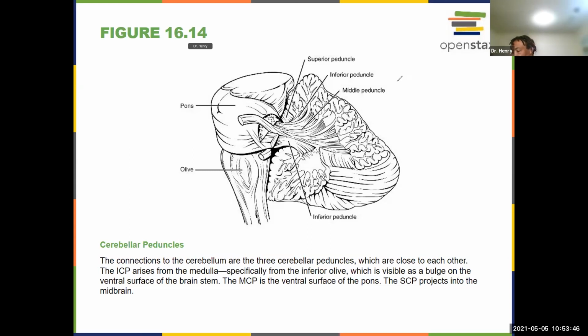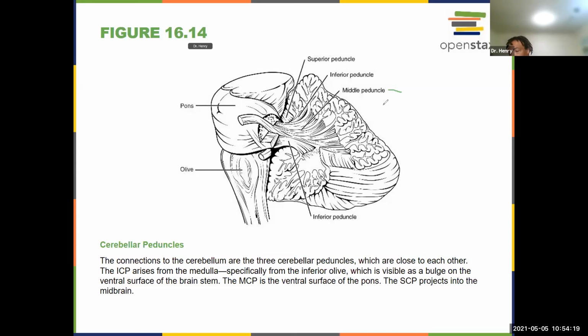The middle cerebellar peduncle is going to be part of the cortico-pontine-cerebellar pathway, and that's going to be connecting the cerebral cortex with the cerebellum.